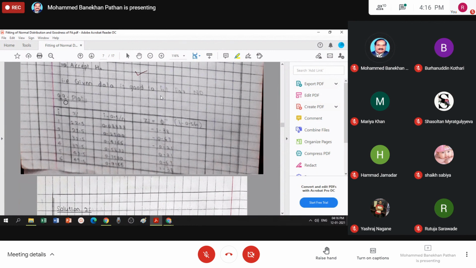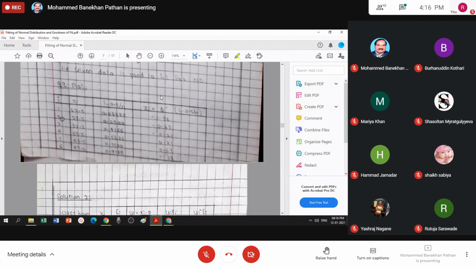If they do not match, then it is not good to fit. How to make the calculation? Column number 1 is i, serial number 1, 2, 5, 6. Value of x as a midpoint of given classes.